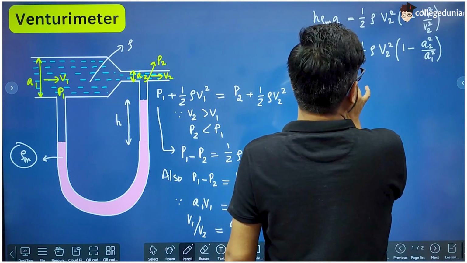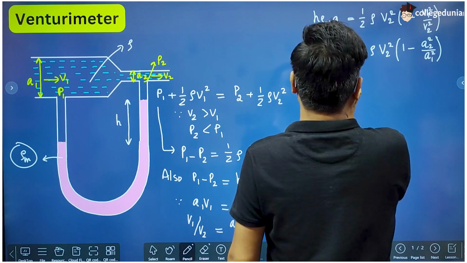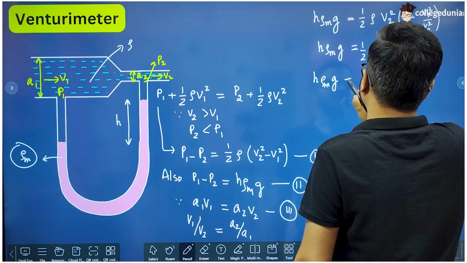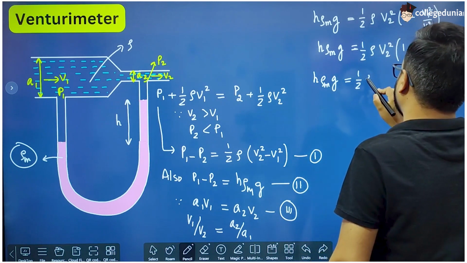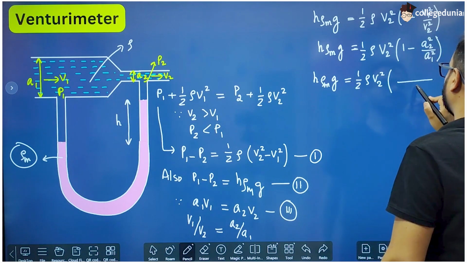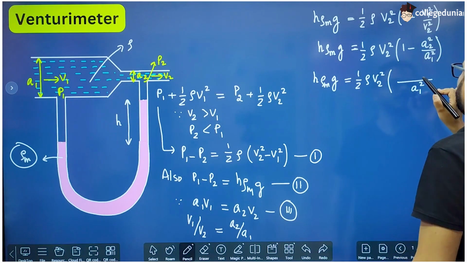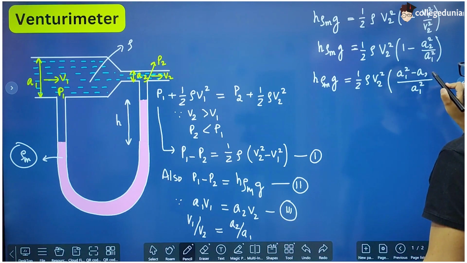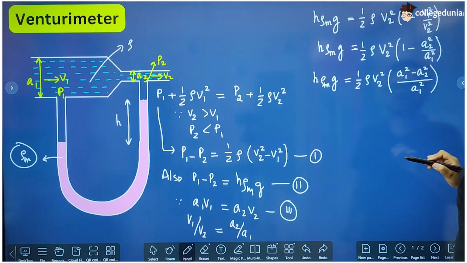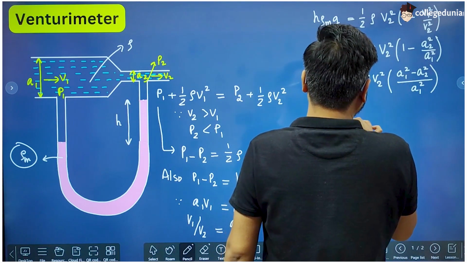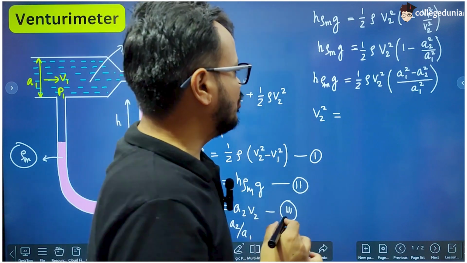Okay, so finally we will write it like this: h rho m g equal to half rho V2 square into A1 square minus A2 square by A1 square. So what is the value of V2 square?